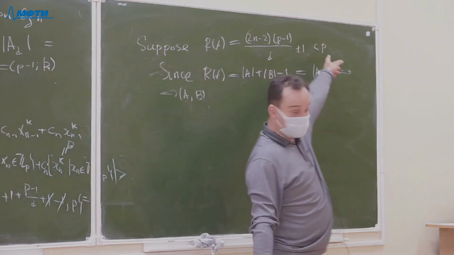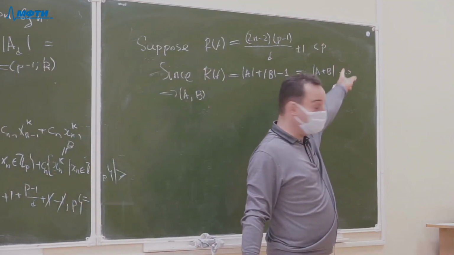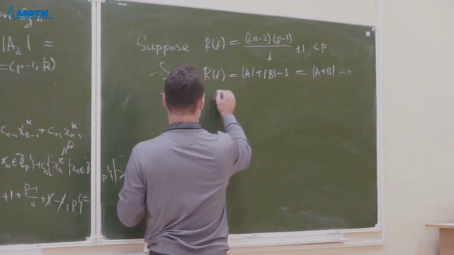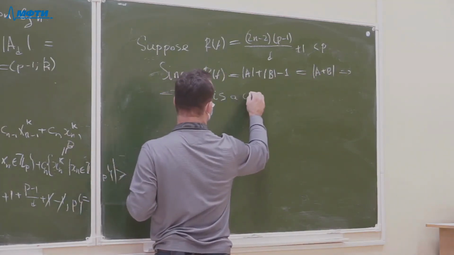It's not ZP, A plus B is not ZP, and the lower bound is attained. It is a critical pair.